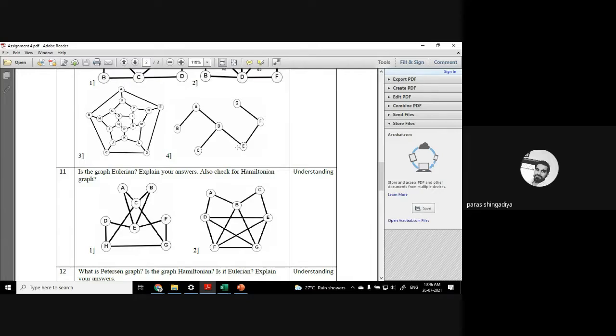Can we make one circuit which covers every vertex exactly one time?